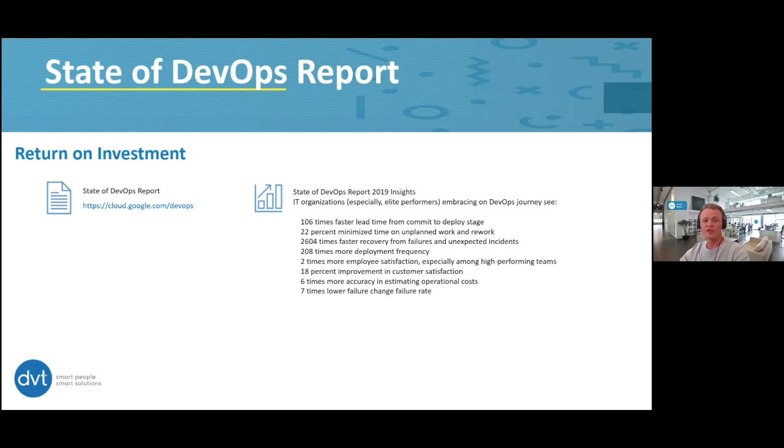So quicker delivery keeps the environment clean and there's less buildup of planned deployment items later on. And then 18% improvement in customer satisfaction, 6 times more accuracy in estimating operational costs, and 7 times lower failure rates. So failures are even easier to track as the deployments are smaller and easier to test.